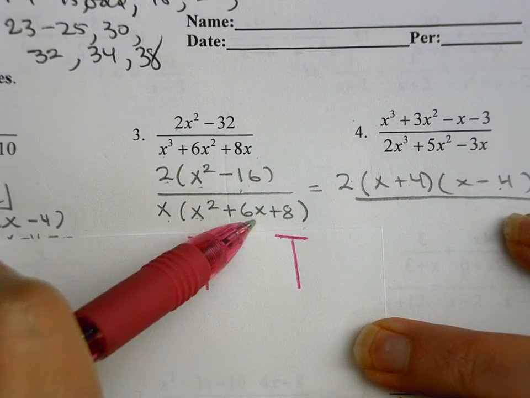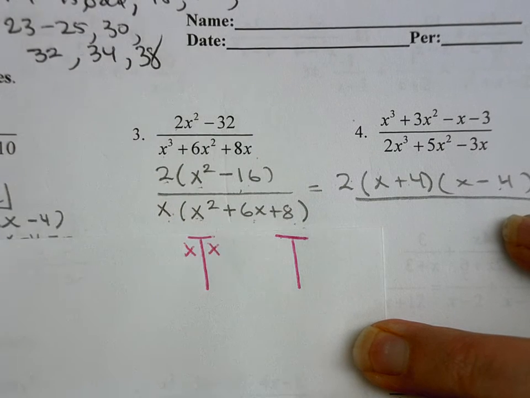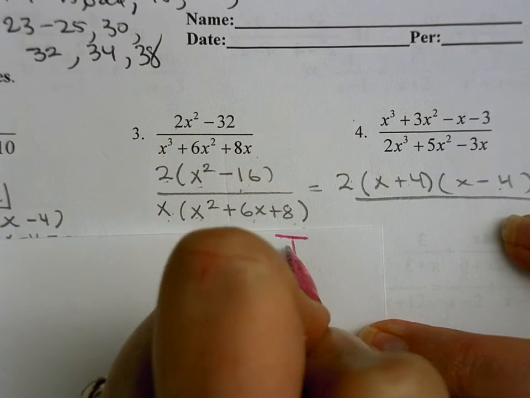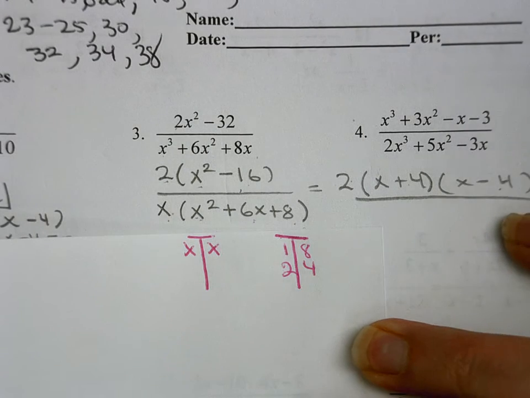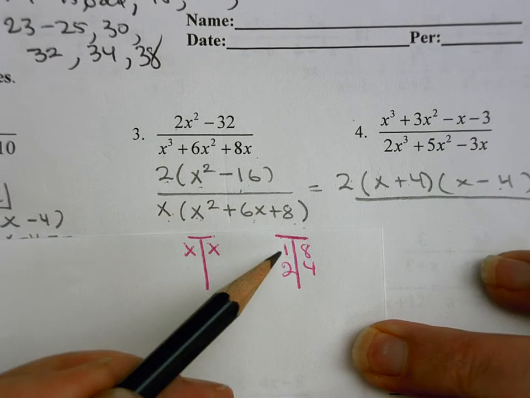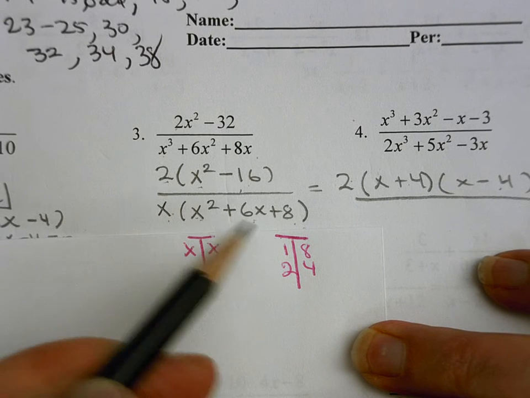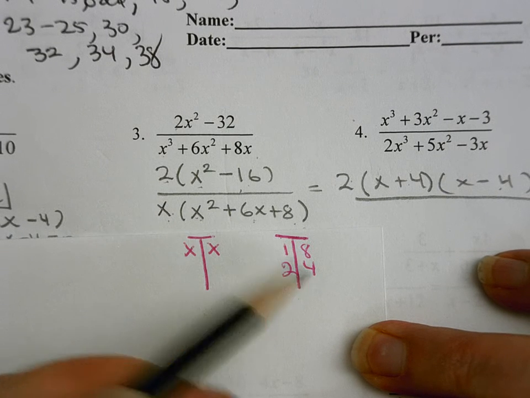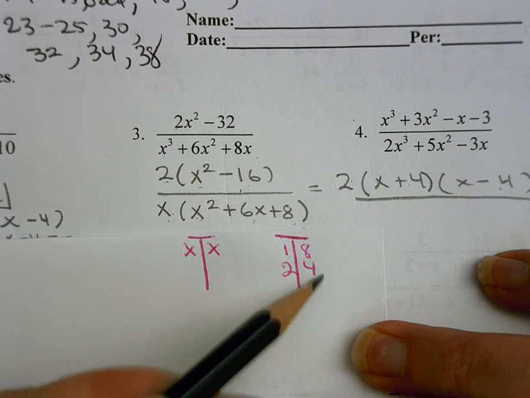So this is a trinomial that's squared. My factors for x squared are x and x. My factors for 8 are 1 and 8, or 2 and 4. And I know I need to have a positive 8 when I multiply, so both are positive because the middle term is also positive. And then the pair of terms that will work to give me a 6x is 2x and 4x.